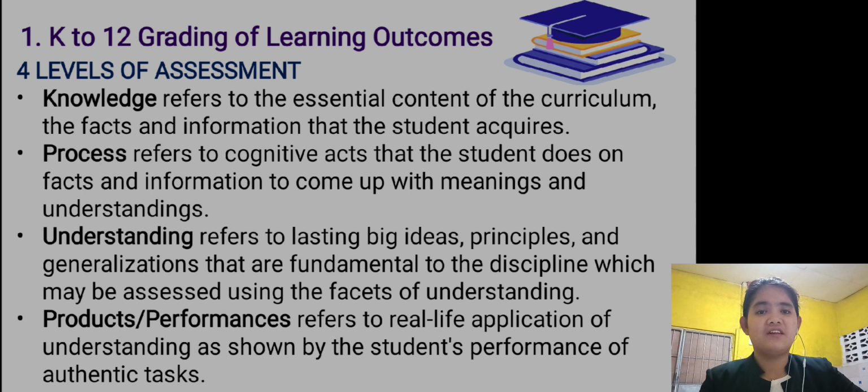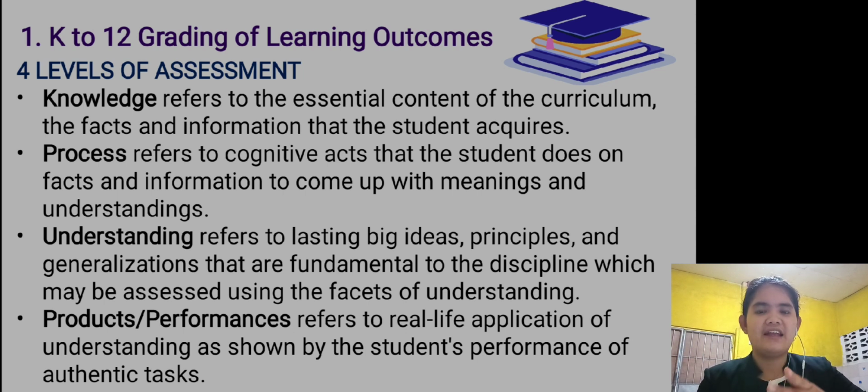It refers to cognitive acts that the student does on facts and information to come up with meanings and understanding. It is how students make an outline, organize, analyze, interpret, translate, convert, or express information in another format, draw analogies, construct graphs, flow charts, and mind maps or graphic organizers, or transform a textual presentation into a diagram.